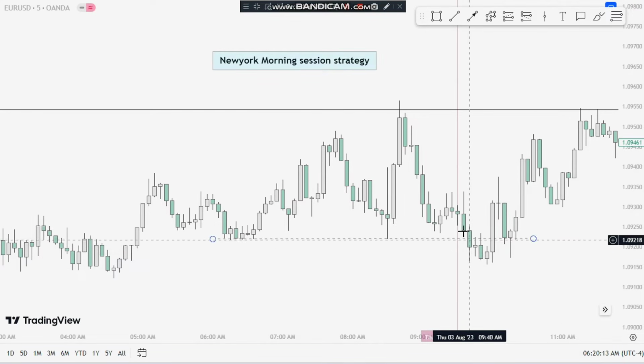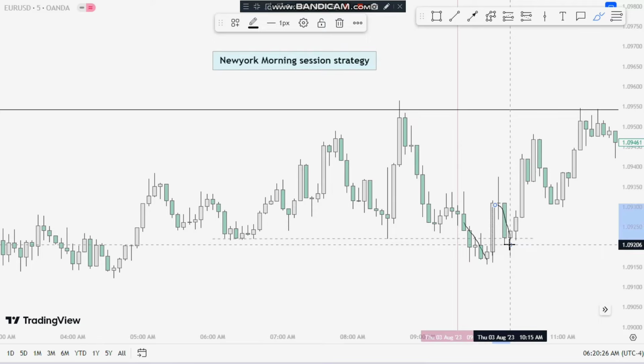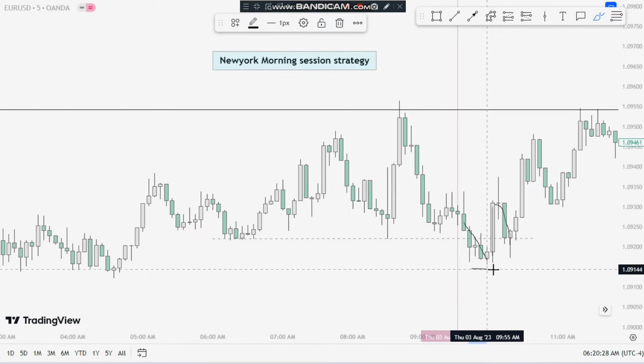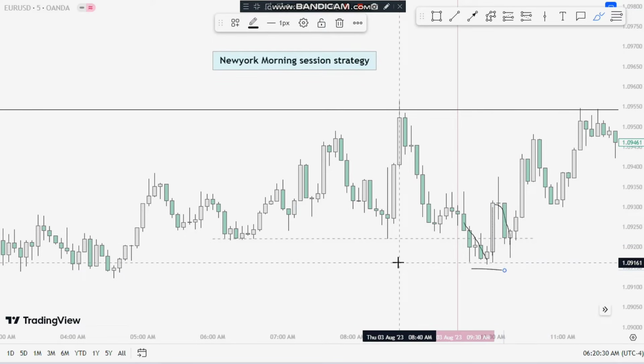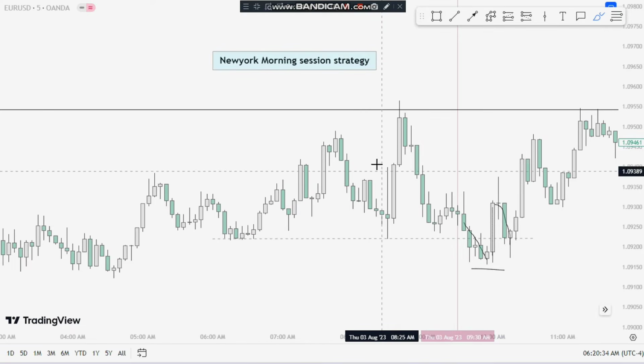One definition of the order block is a series of down closing candles and then an up closing candle. You can see there is also a fair value gap, so this is a high probability order block. It comes down, and your stop loss will be here. So this is what he means by the New York morning session strategy.